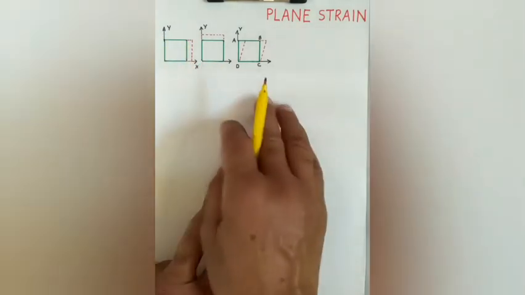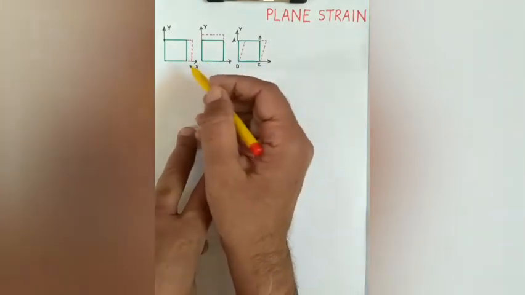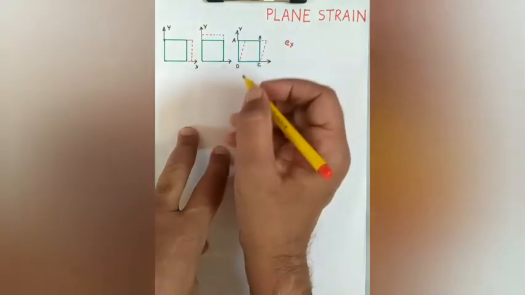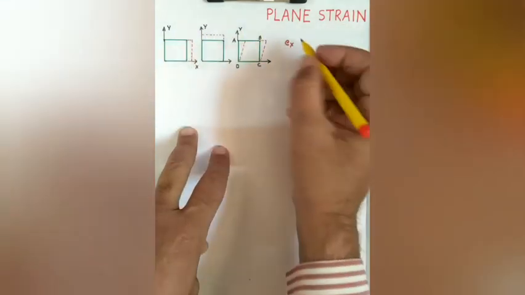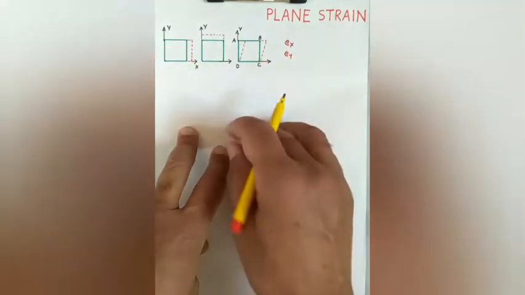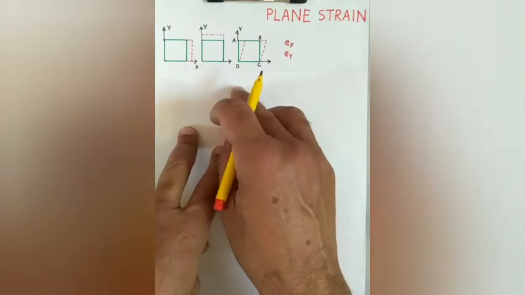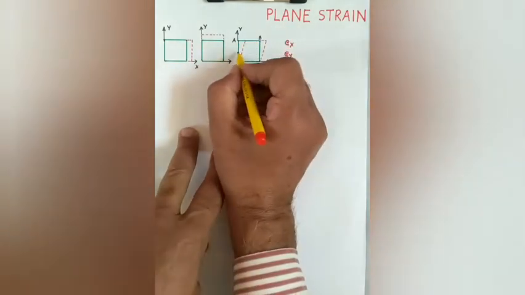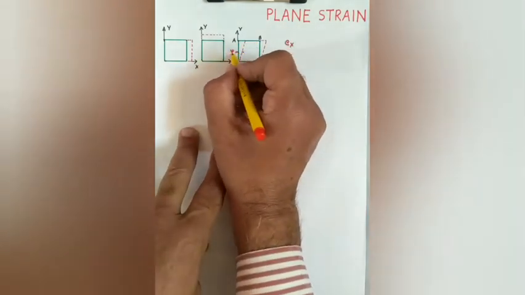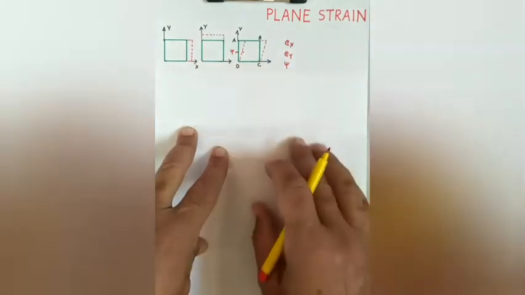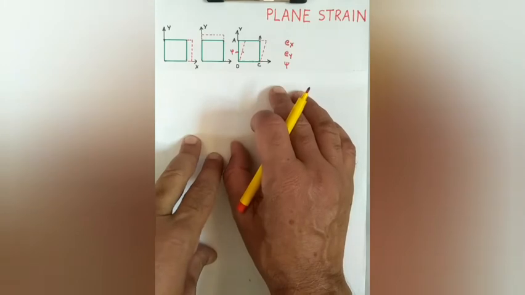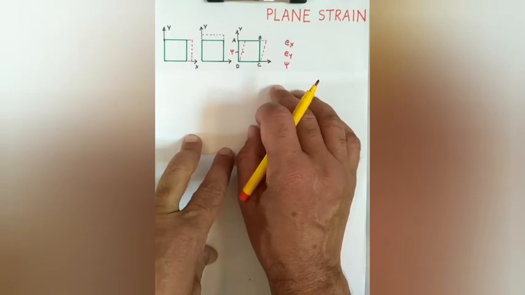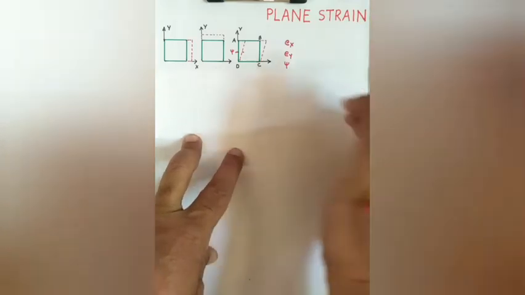It is subjected to three strains: normal strain in X direction, EX, normal strain in Y direction, which is EY, and shear strain relative to OC and OA, psi. All other strains, say EZ, psi YZ, and psi XZ, are non-existent.